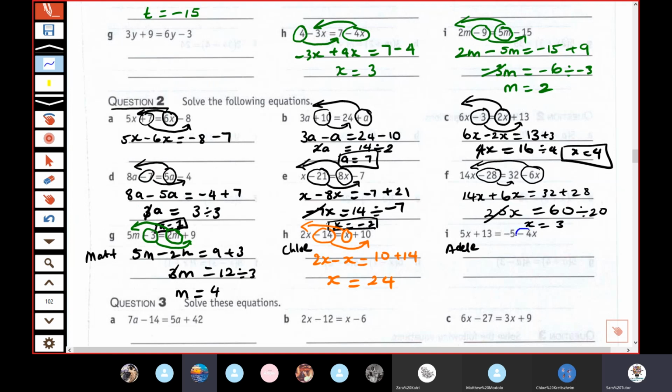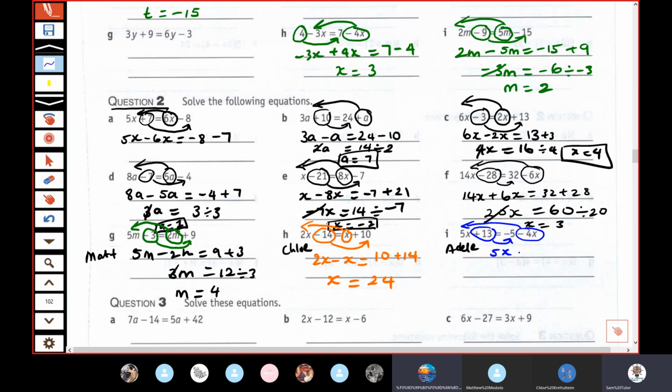Adele, lucky last. You want to move the minus 4x to this side. You want to move the plus 13 to this side. So your next line is 5x and then? Be careful. Opposite.